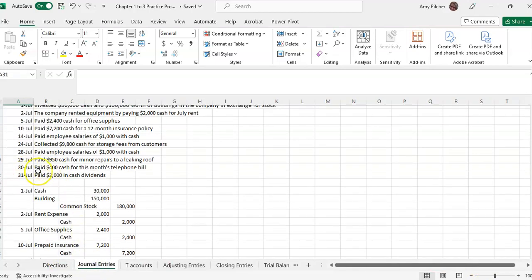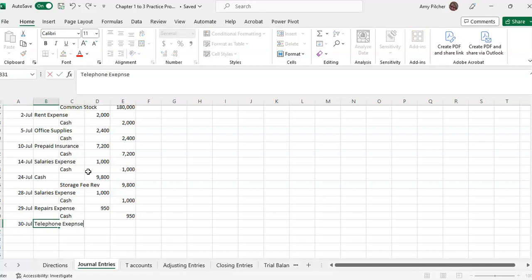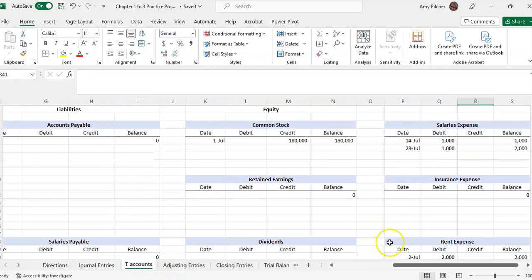Okay, now it's July 30th. We're going to pay cash for this month's telephone bill. So July 30, we have telephone expense, and it says we paid $400 and we paid cash of $400. So we record that in our T accounts.